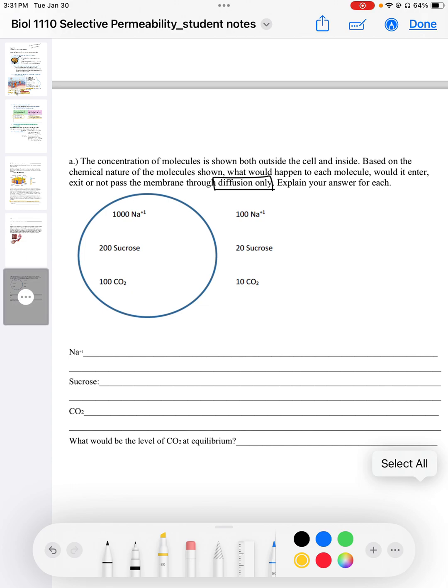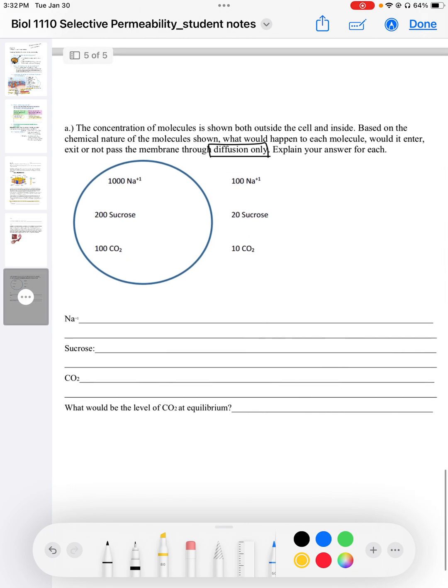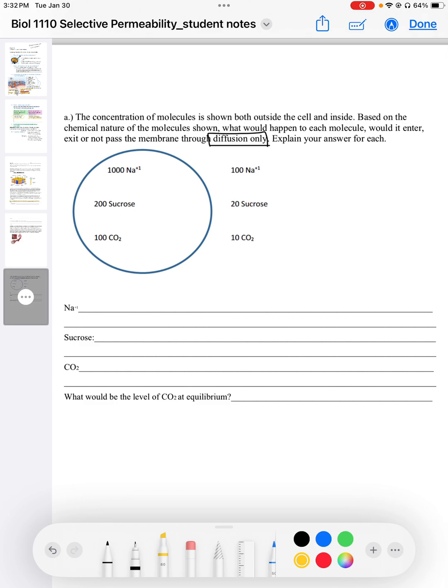Based on the chemical nature of the molecule shown, what would happen to each molecule? Would it enter, exit, or not pass through with diffusion only? And explain your answer for each. So here, you want to pay attention to what the question is asking you. This question is specifically thinking about diffusion only.